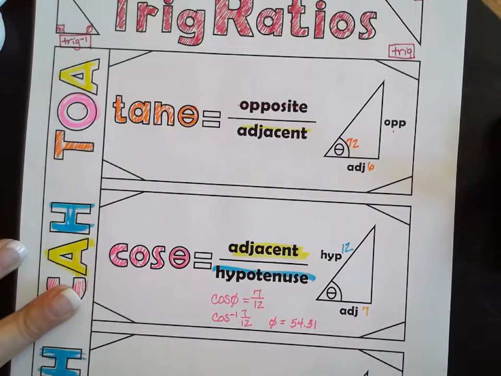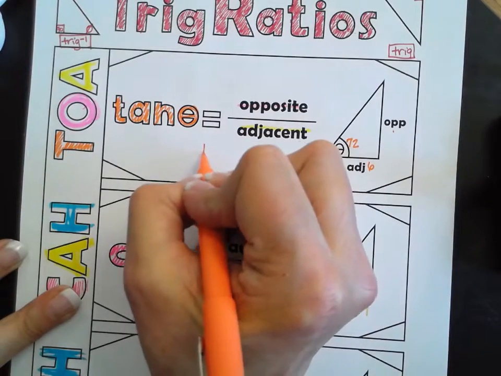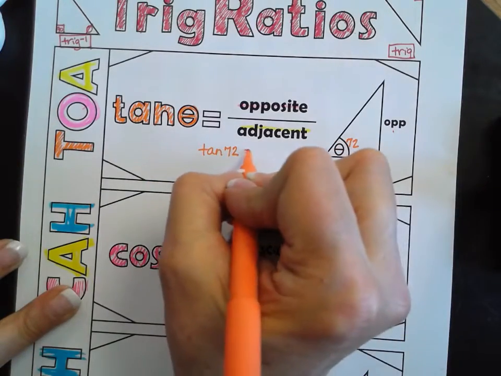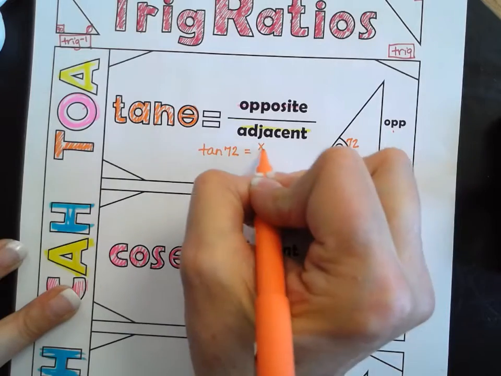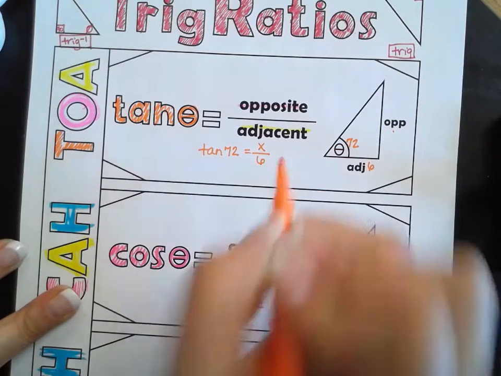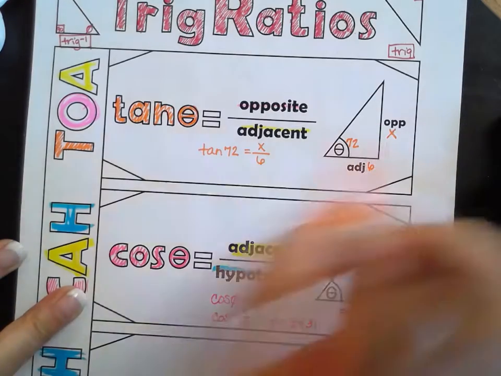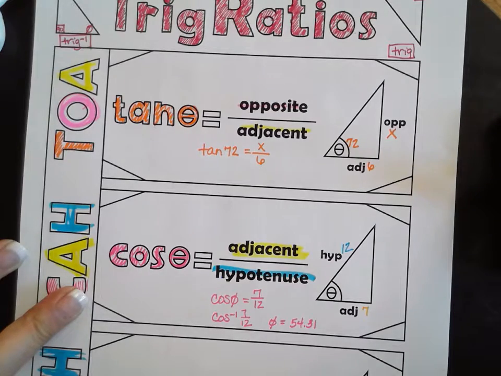So that means that I would have the tangent of 72 is equal to x over my adjacent. Everybody with me so far? So, what are we solving for? X, on the opposite.